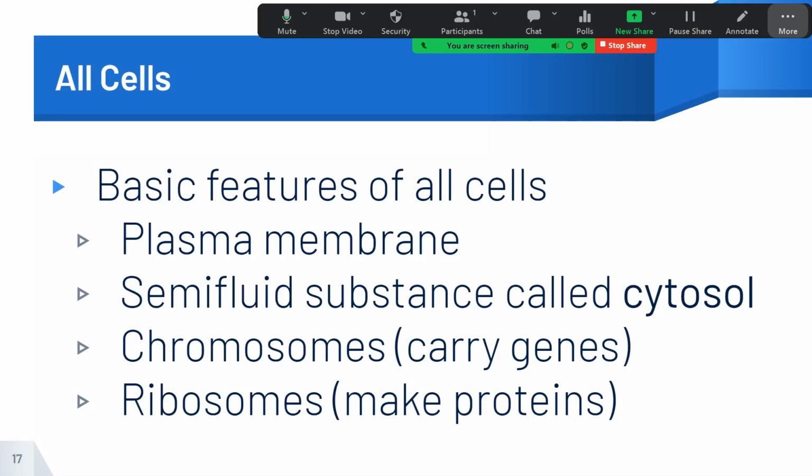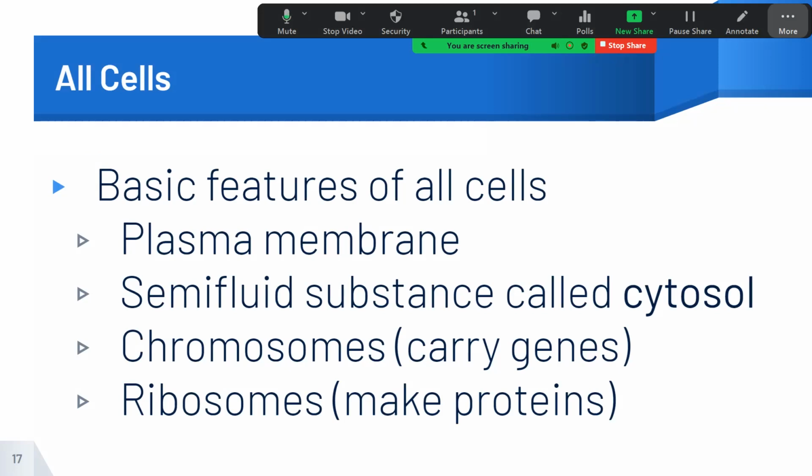But all cells have some basic features. All cells are going to have a plasma membrane that surrounds and defines them. They're all going to have a cytosol, which is a semi-fluid substance. So you might think of cytoplasm. Cytosol is going to be the liquid jelly substance, and then the cytoplasm would be that with the organelles in it.